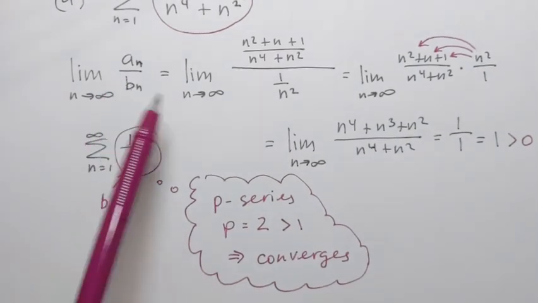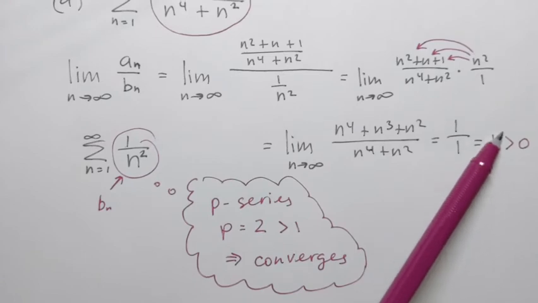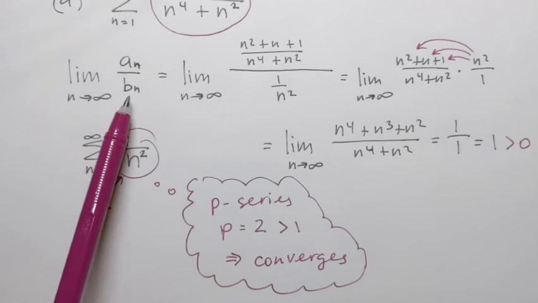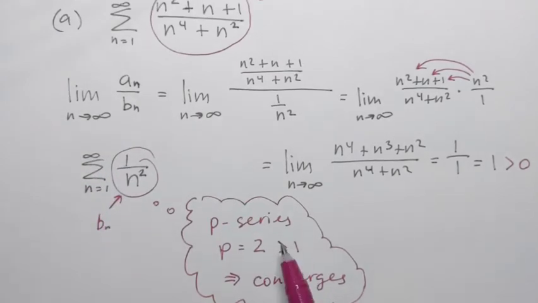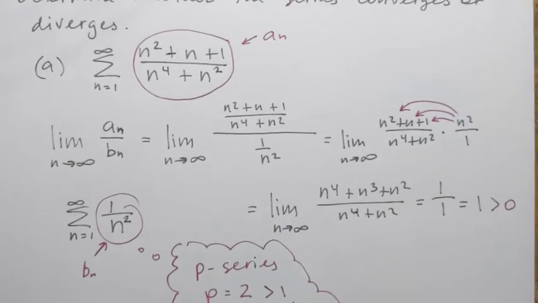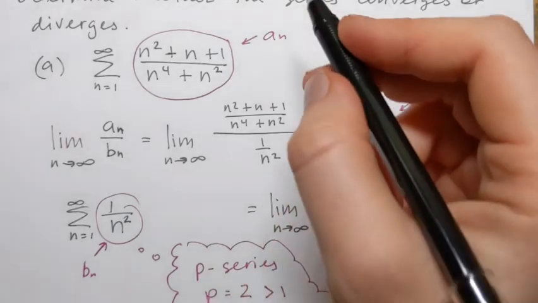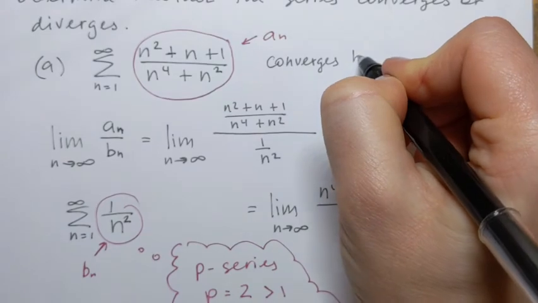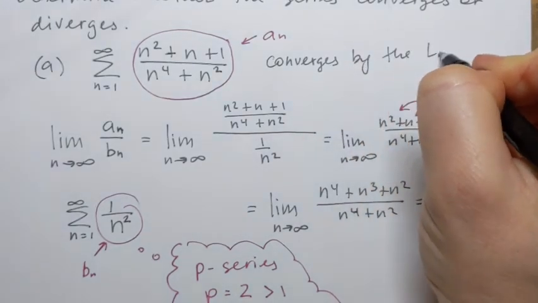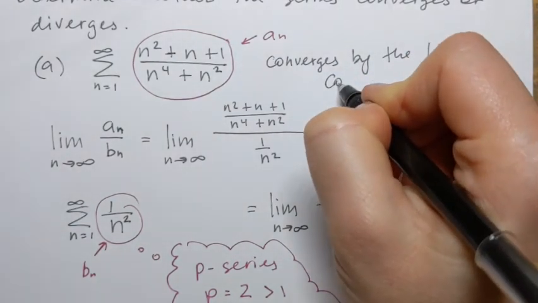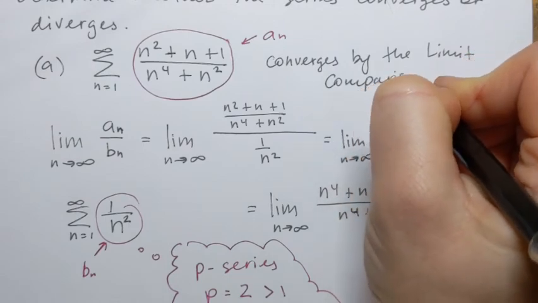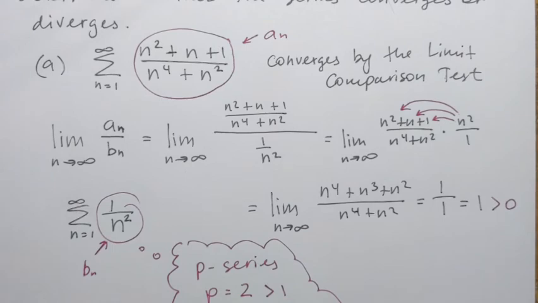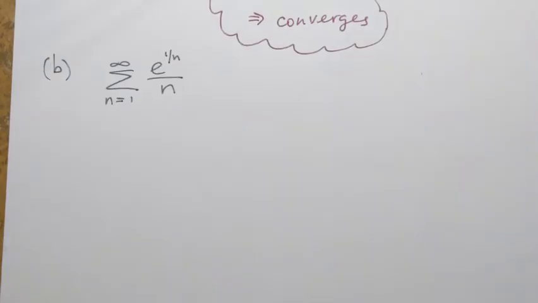According to the limit comparison test, if we get this limit to be a finite positive number, then both of them either diverge or converge. Since this series converges, our series converges as well. So it converges by the limit comparison test.